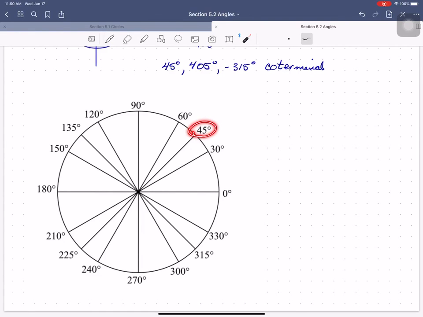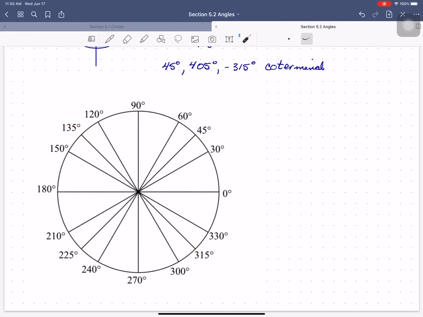We also have on here multiples of 45 degrees. And 45 degrees is special because the x and y coordinates at your 45 degree points are equal. Equal in magnitude, not always equal in sign.